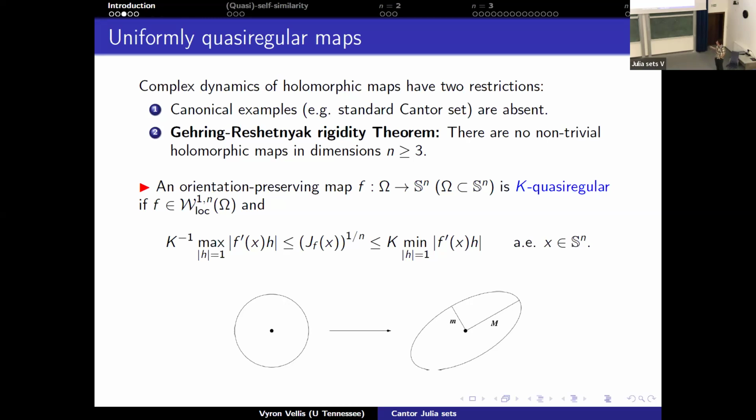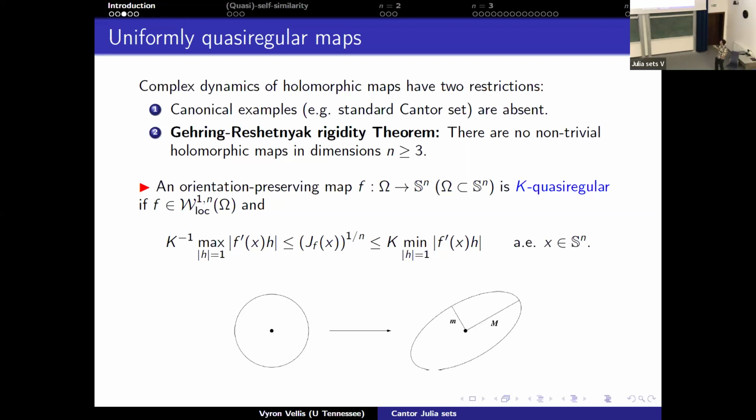So what this distortion inequality says is that the biggest possible stretch and the smallest possible stretch are comparable. Or in other words, as we like to say, quasi-regular maps map infinitesimal balls to infinitesimal ellipsoids of bounded eccentricity. Okay, they cannot stretch things too much locally.